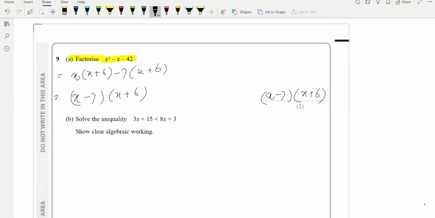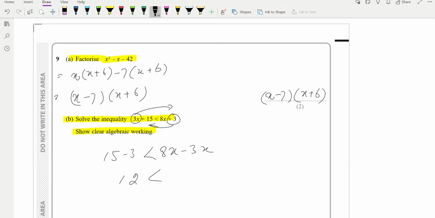Now next comes solve the inequality. We have to solve this inequality. For that we can rewrite it: 3x we can shift to this side, so we will write 8x minus 3x, and this 3 we can shift to the other side, so it will be 15 minus 3.